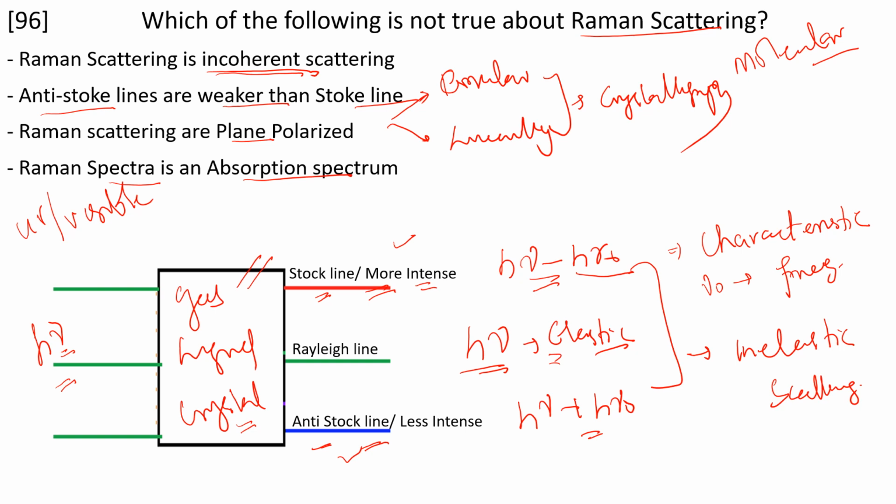Now the crystal is absorbing the energy, giving rise to the Stokes line, as well as the crystal is emitting the energy, giving rise to the anti-Stokes line. So both absorption as well as emission spectra are available for Raman spectra. So your option is D. Raman spectra is an absorption spectra is not true about Raman scattering.